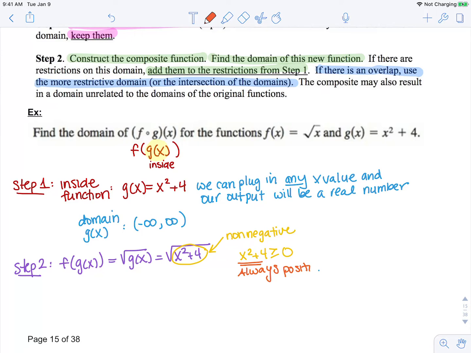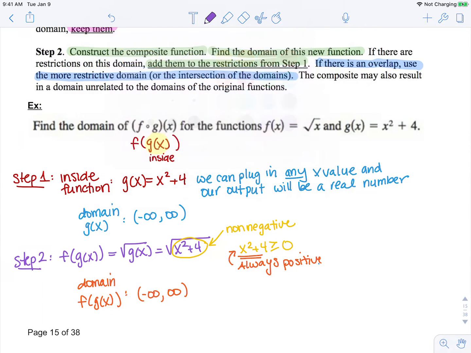Always positive. So that means that the domain for f of g of x is also negative infinity to positive infinity.